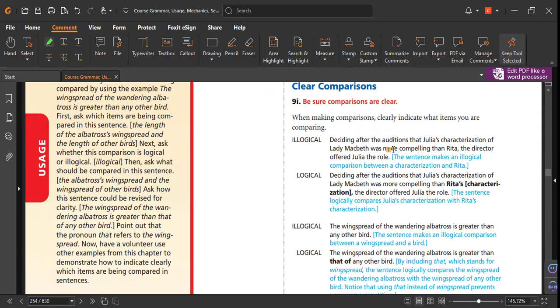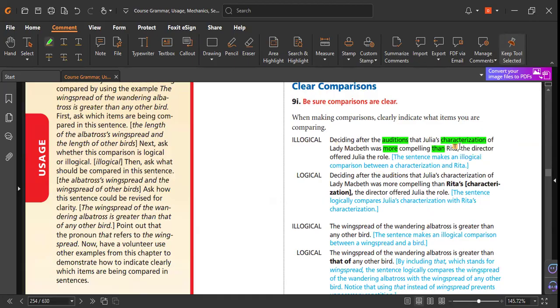So what do we compare exactly? Who or what was more compelling? The auditions or the characterization? Characterization. We must repeat the word characterization: you compare the characterization of Lady Macbeth with the characterization of Rita, not the characterization with a person.